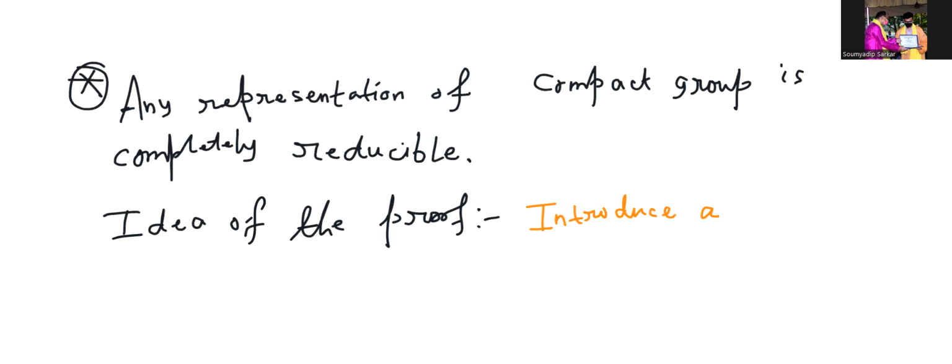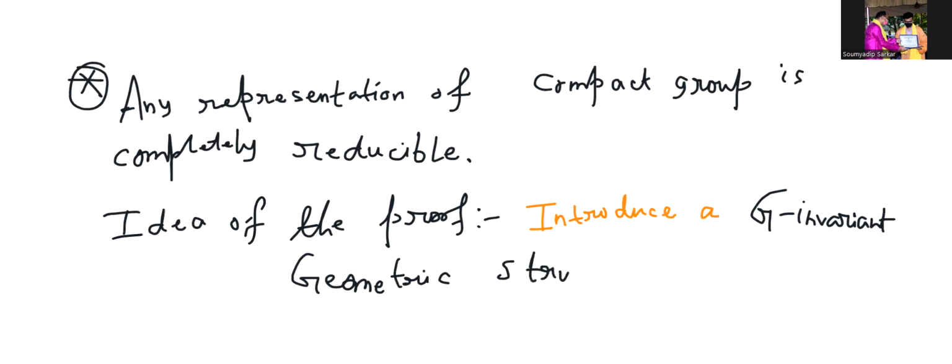So introduce a G invariant, and these are powerful things. This idea is applicable in many places in representation theory, as far as my experience goes. On a vector space, see, vector spaces are just abstract spaces with some linear structure.